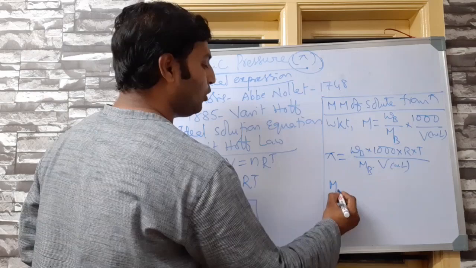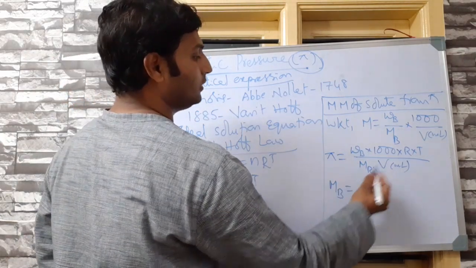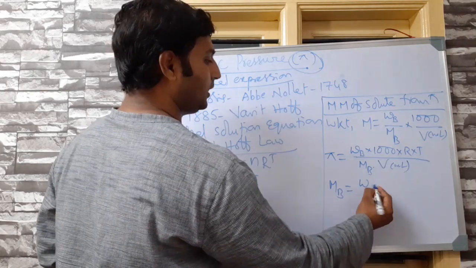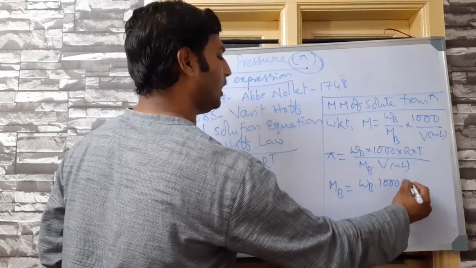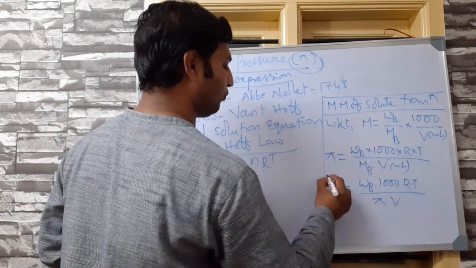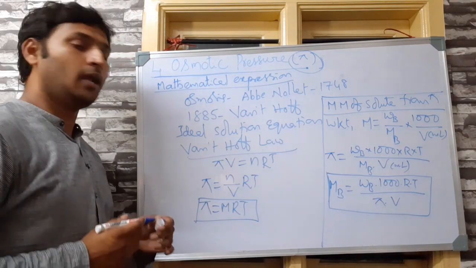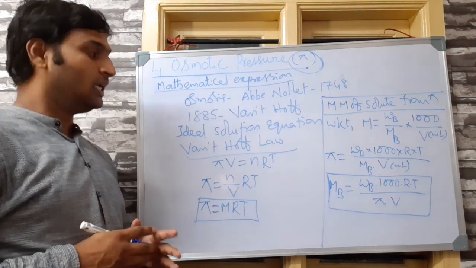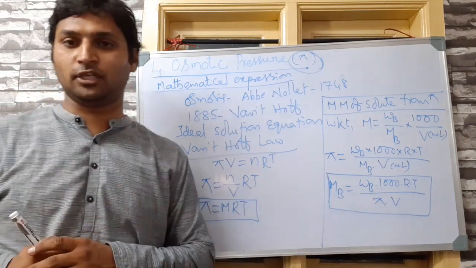Therefore, molar mass of solute is equal to WB into 1000 into R into T divided by pi into V. So this is the relation between molar mass of solute and osmotic pressure.